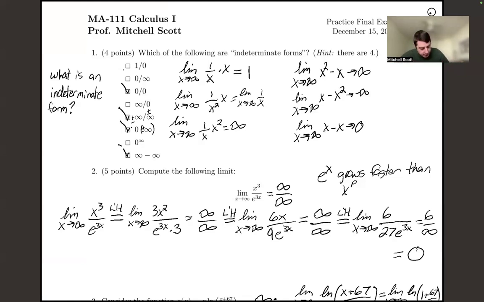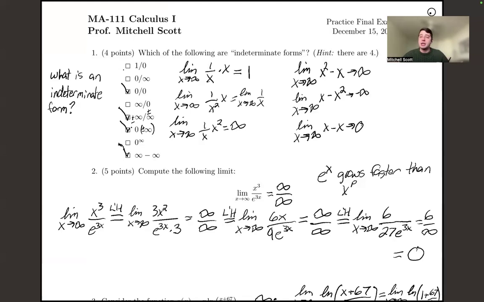So I'm not going to put it in there, right? But of these 4, we would need to find a way to rewrite them such that it's a 0 over 0 or infinity over infinity. I think that's where we can then use L'Hopital's rule. So just because it's an indeterminate form doesn't mean we can just apply L'Hopital's rule by itself.